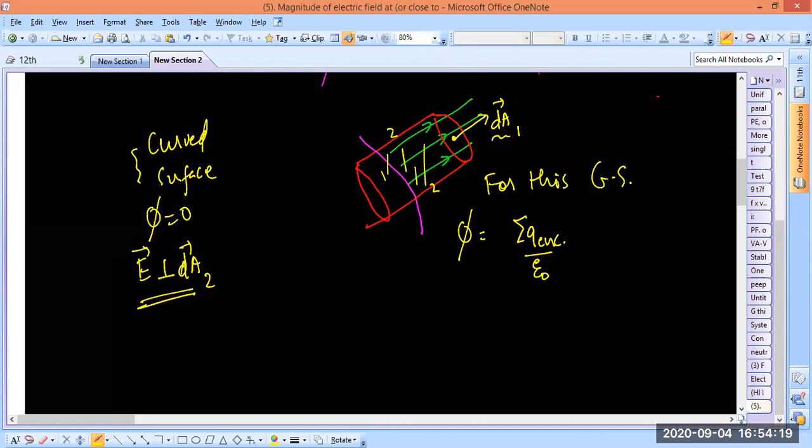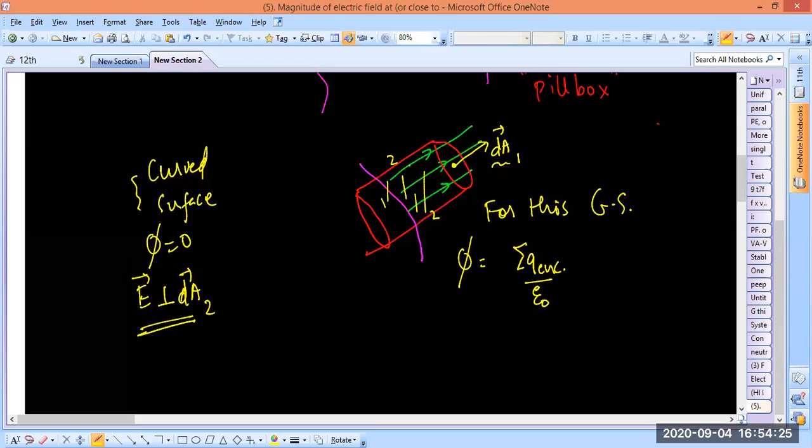Okay, yes, I will repeat. See, what I'm saying is that everywhere the electric field is perpendicular to this surface, right? Normal electric field, one of the properties of conductor, right? Now what happens here is if I take this curved surface, the area vector will come out like this, in these different directions.